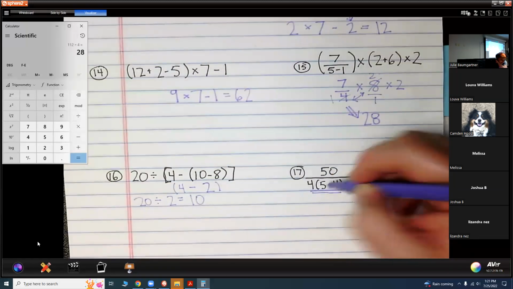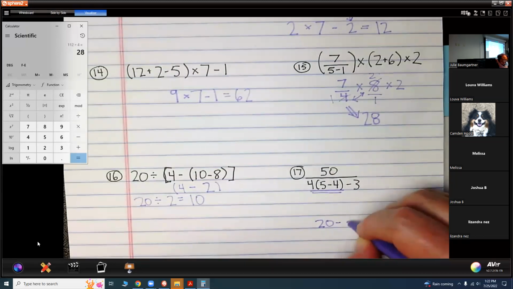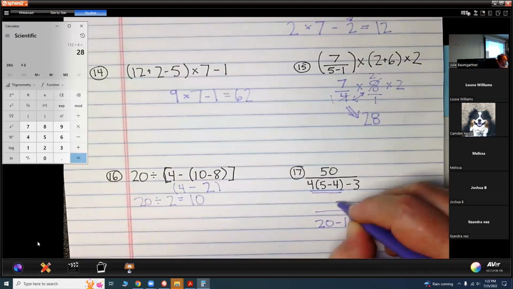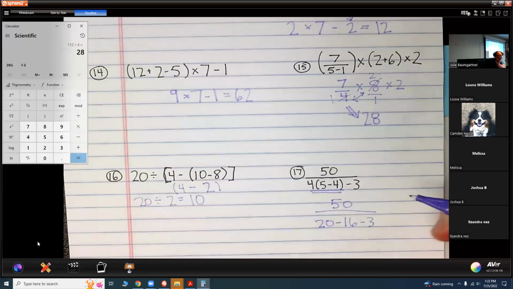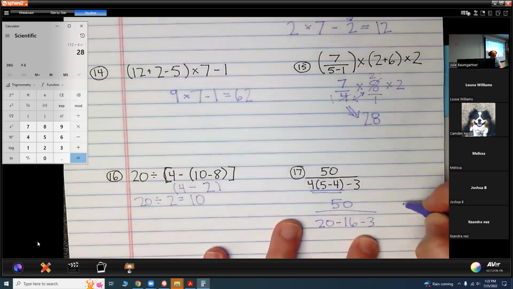So 4 times 5 is 20. 4 times -4 is -16. Okay. And once again, before I can do any dividing, I still need to simplify my denominator, so 20 minus 16 is 4. 4 minus 3 is 1, sorry. So we end up with 50 over 1 or 50.